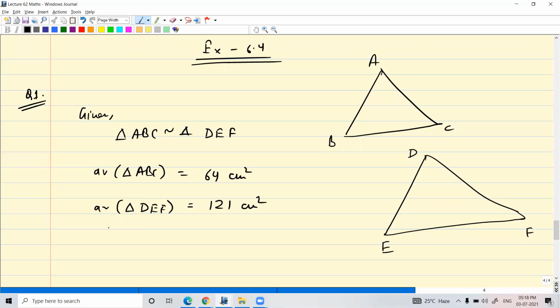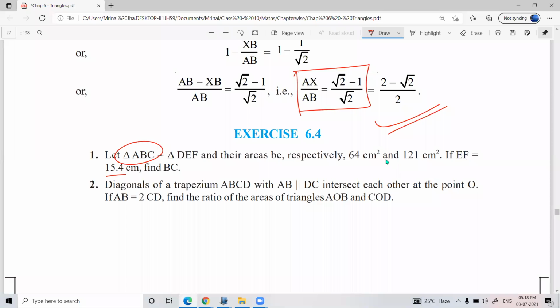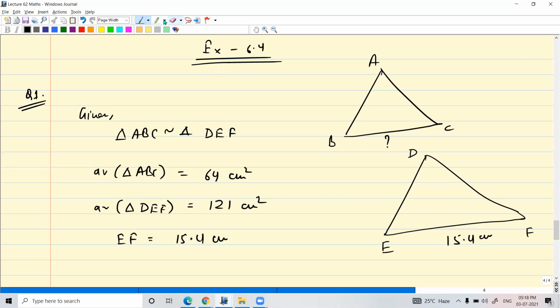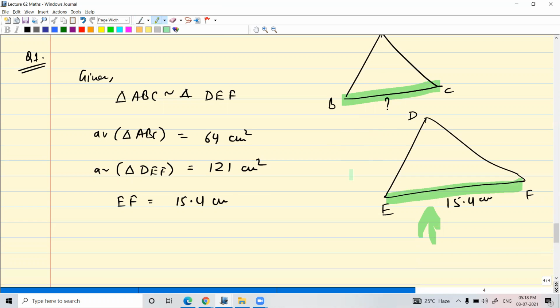EF is equal to 15.4, and you are supposed to find BC. This is the most straightforward question you can ever expect. BC and EF are corresponding sides, right? One side is given, this is not given. How do I do it?